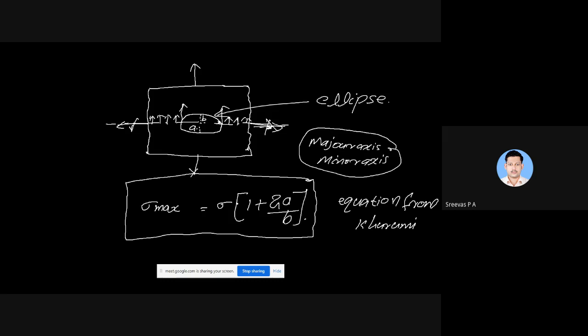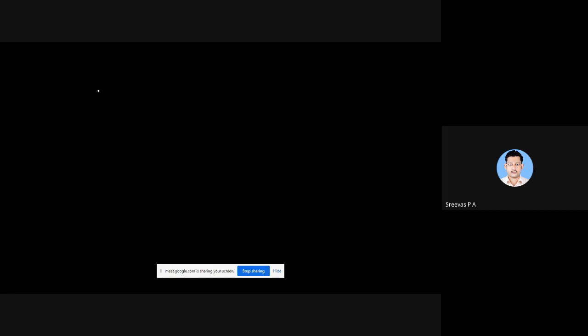Sir, a is equal to b. It is the radius. a is equal to b is equal to R. So substituting in this equation, a and b are equal, so it will cancel out. So you will get sigma max is equal to 3 into sigma. Okay, for a circle, if a circle comes instead of an ellipse.